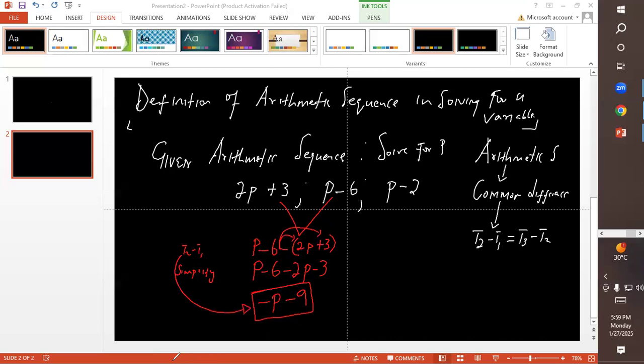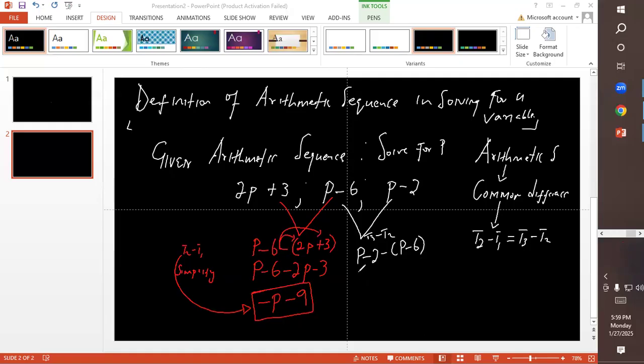Now let me find term 3 minus term 2. My term 3 is p minus 2, and I'm subtracting p minus 6.